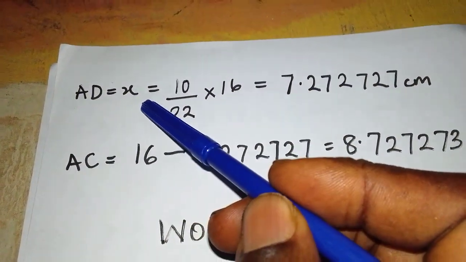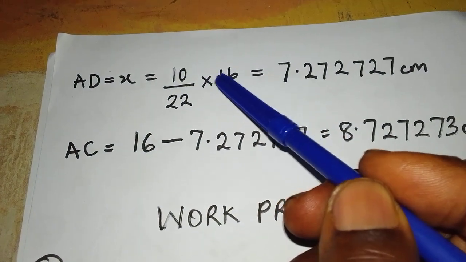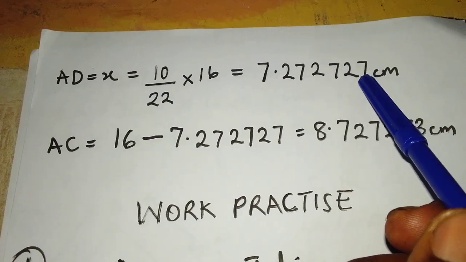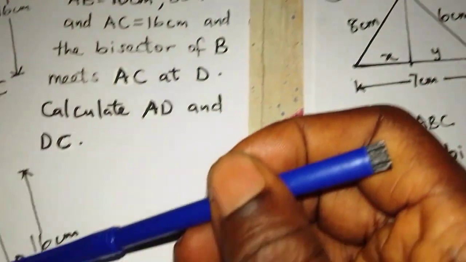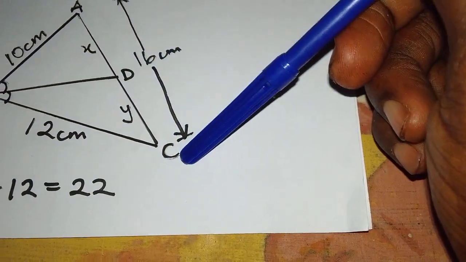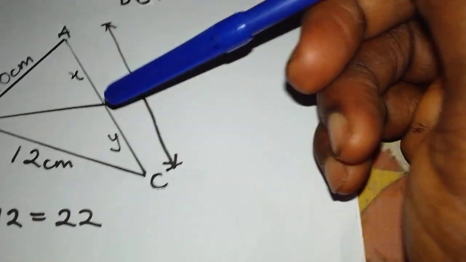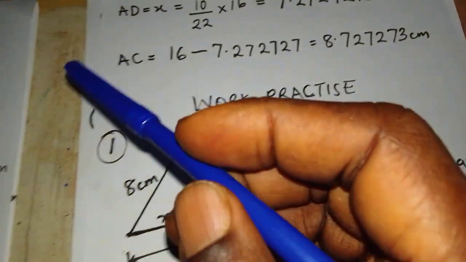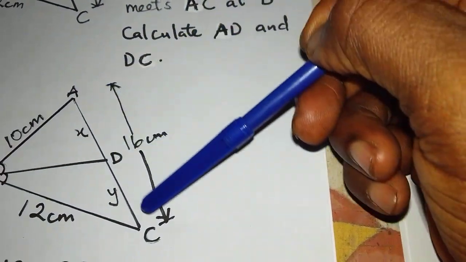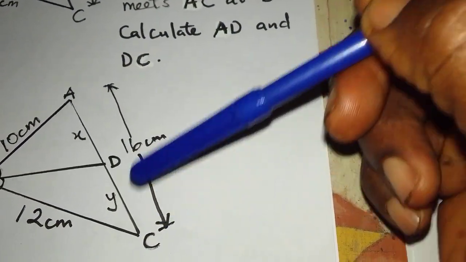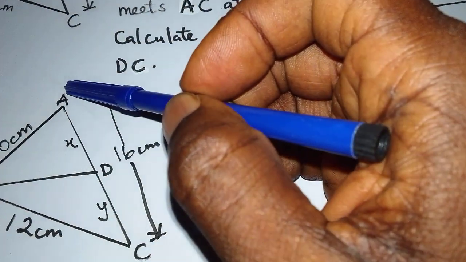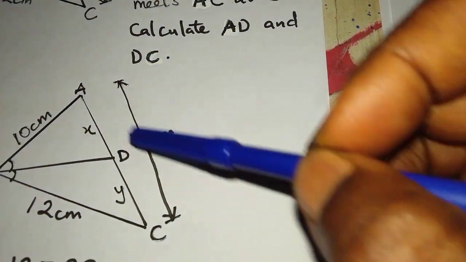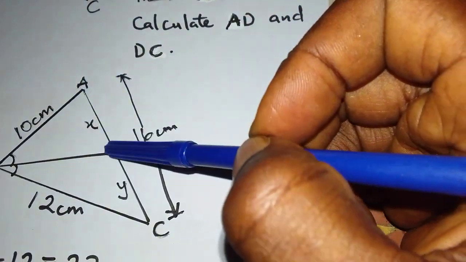Now, if I want to get the other side, I've got my AD, which is my X. So AD will be 10 over 22 times 16, which is equal to 7.272727 centimeter. If I want to get DC, which is represented by Y, I can easily say the length of AC, which is 16, minus what I got for AD.